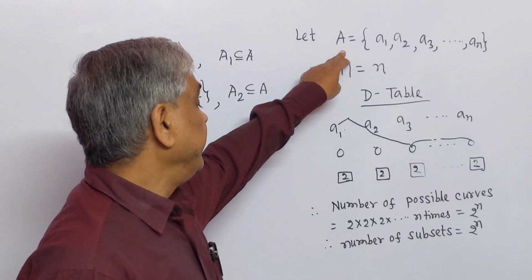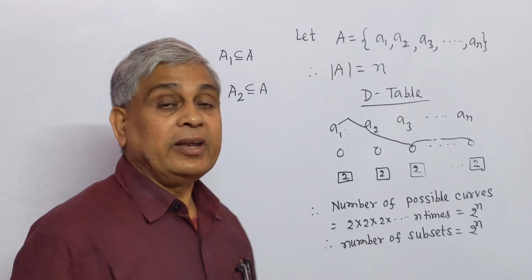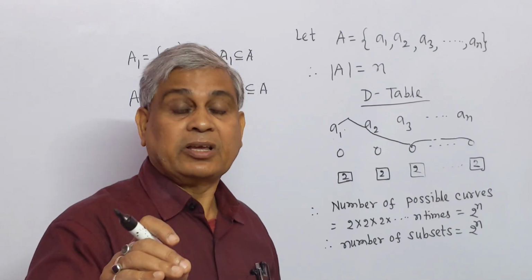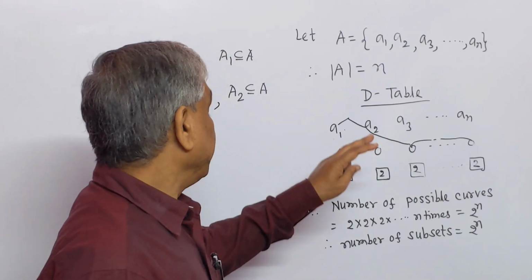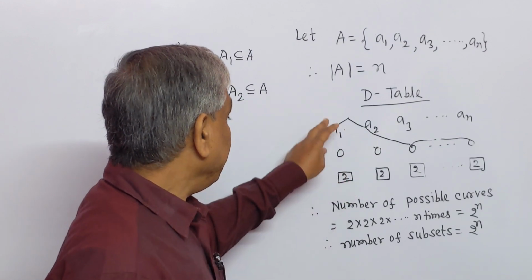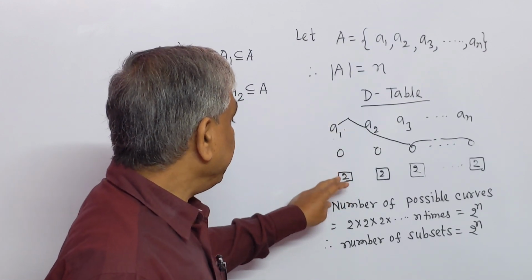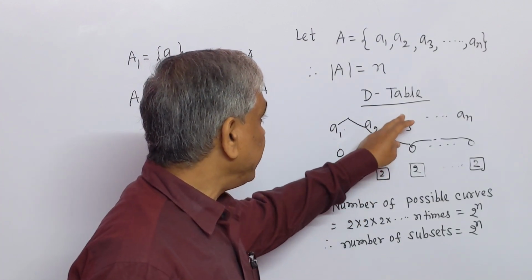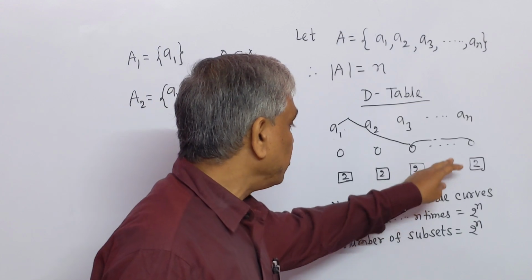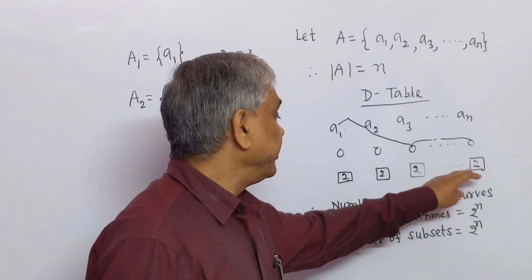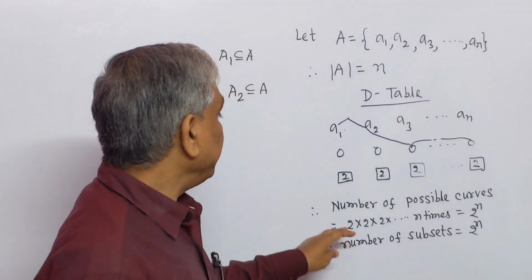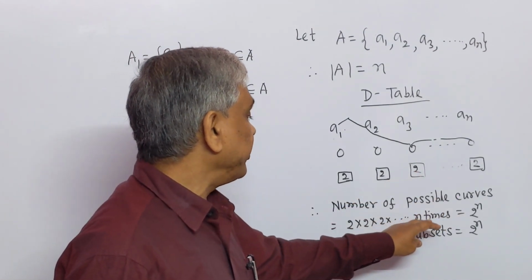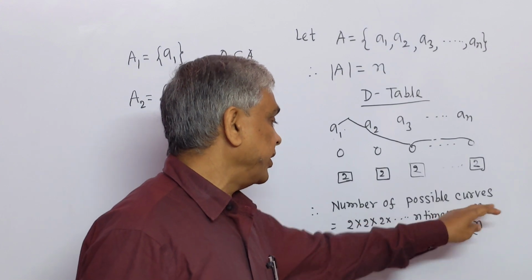And in D table, it has been given that the number of possible curves is obtained by multiplying the number of entities of the first column, the number of entities of the second column, the number of entities of the third column, and the number of entities of other columns. That means the number of possible curves equals 2 multiplied n times, that is 2 to the power n.